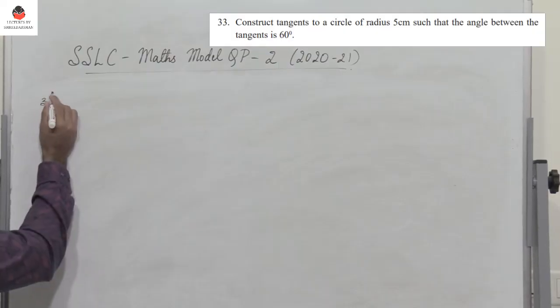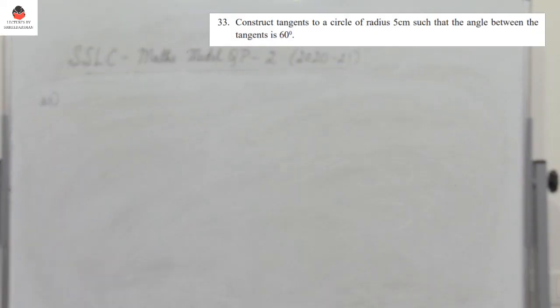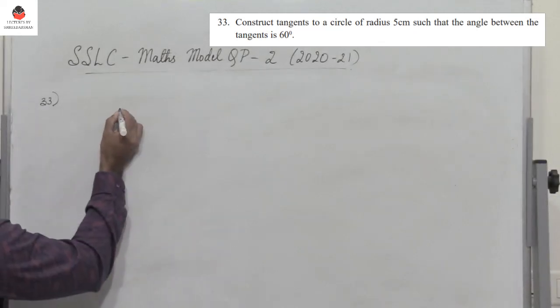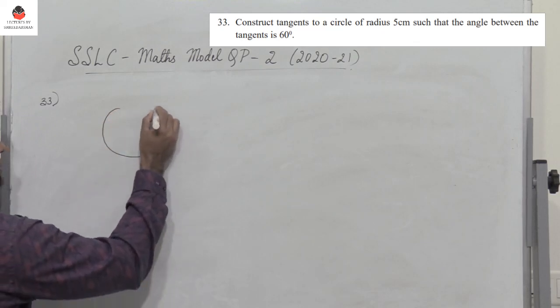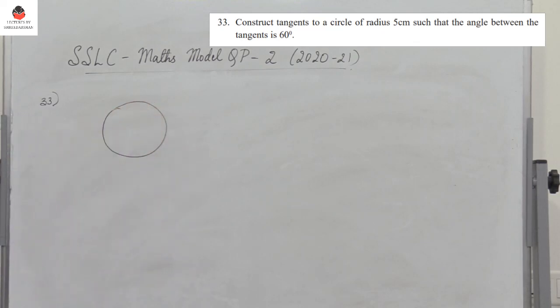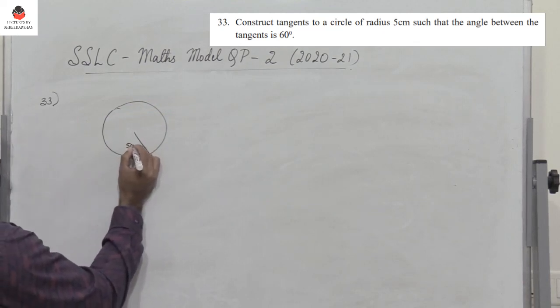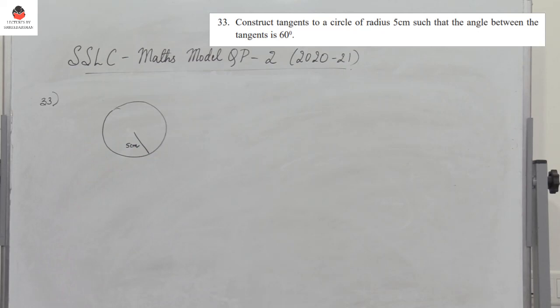So let's move on to problem 33. Problem 33 is construction. Construct tangents to a circle of radius 5 centimeters such that the angle between them is 60 degrees. So try to understand the problem. First of all you draw a circle, and the radius is 5 centimeters. It's been given that you need to construct tangents to a circle.